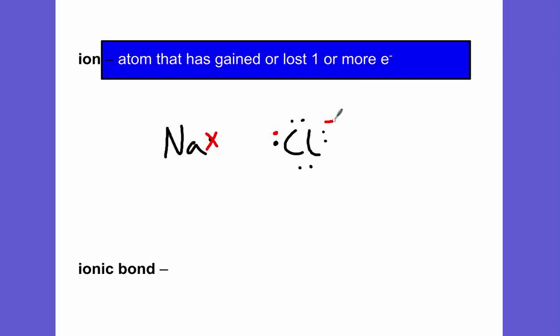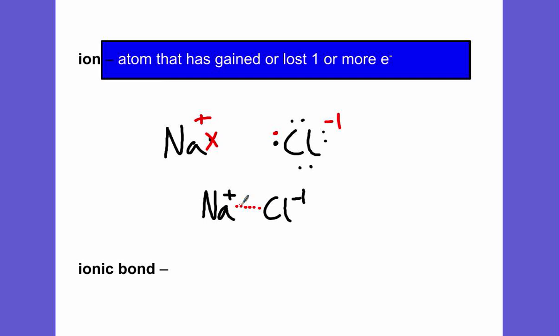Right, this chloride ion now has a negative charge because it gained an electron. The positive goes with the sodium that lost an electron to make this happen. So then that ionic bond is the attraction between my sodium and my chlorine at the end of the day. My sodium and now my chloride ion are attracted to each other with what's called an ionic bond.